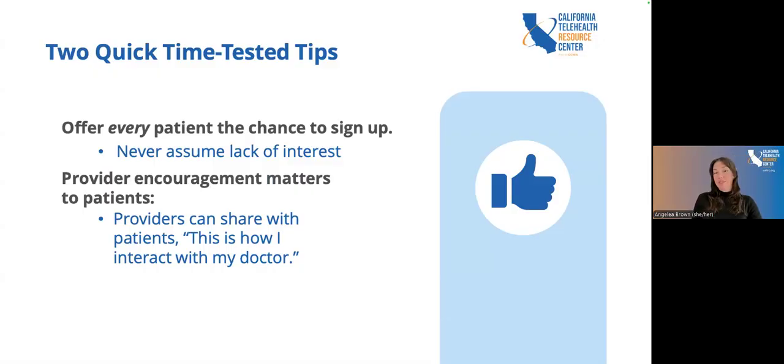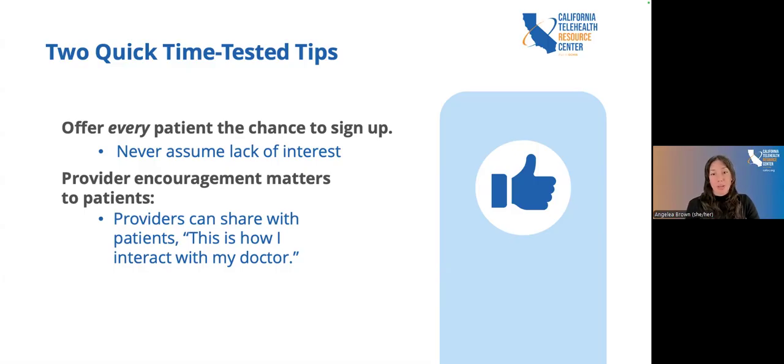So, after years of working with members here at Ocean on portal adoption, we have learned that there are two time-tested tips that can really make a huge difference. Offer all patients the opportunity to sign up for the portal, regardless of age, background, or other presumed barriers. Some studies find that older adults engage with the portal at higher rates than younger adults.